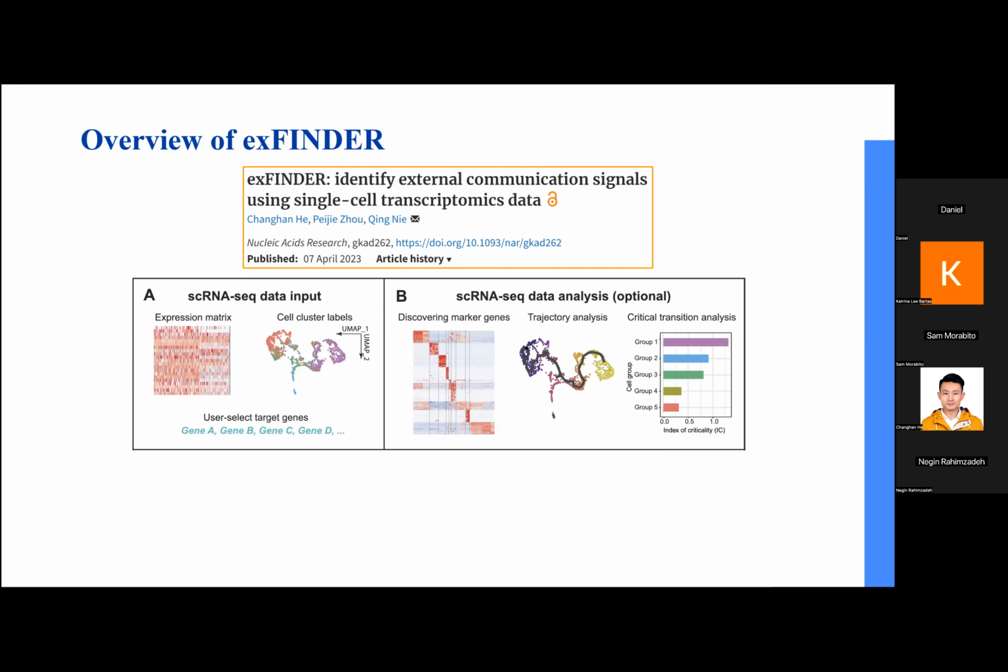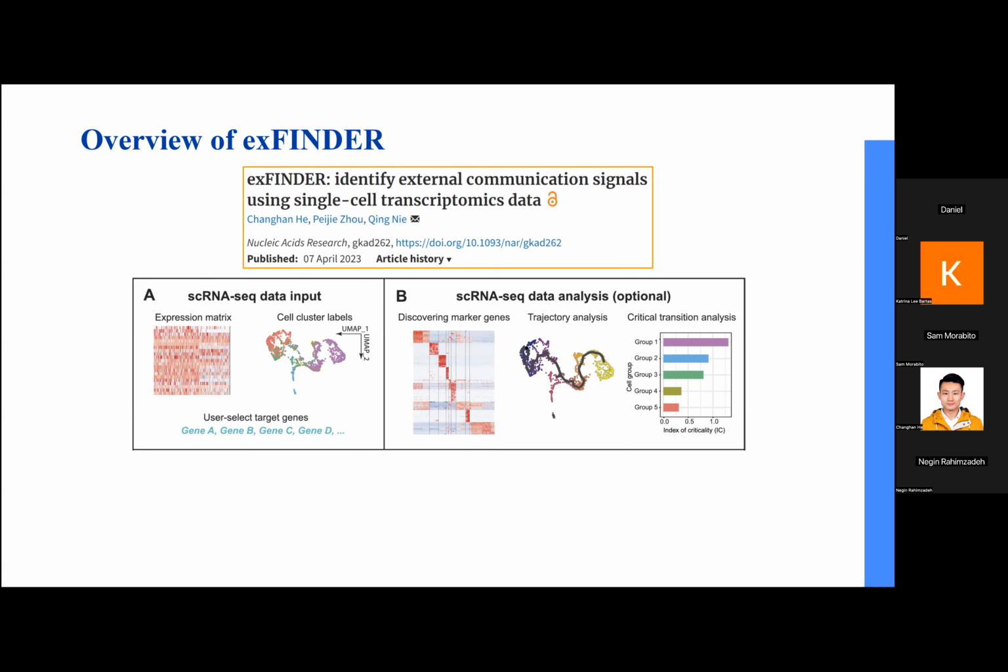The first part is the inputs of this method. There are two required inputs: one is the expression matrix, the data from measured cells, and the other is the cell cluster labels. There is another piece of information we need to input manually: the user-selected target genes.